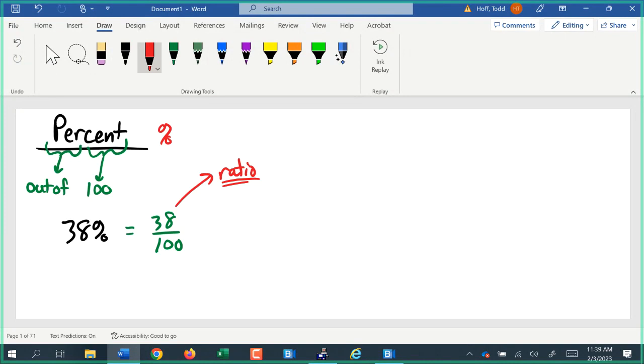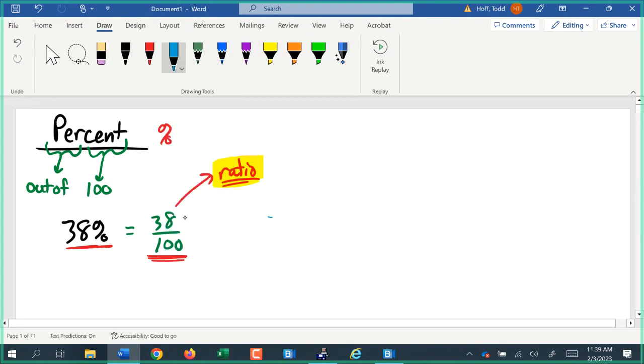So what we did here is we converted our percent into a ratio. And as a ratio, it looks like a fraction. And a lot of textbooks and a lot of teachers will say that's the fraction form of a percent. But it really is not a fraction. It is, as we called it before, a ratio. It's a comparison of two numbers. Now we can reduce it similar to the way we would a fraction.